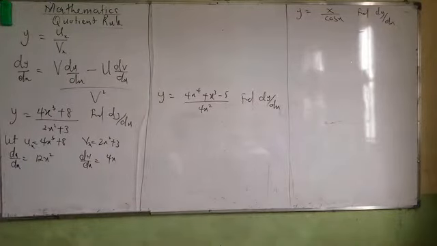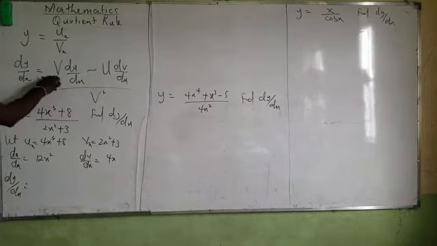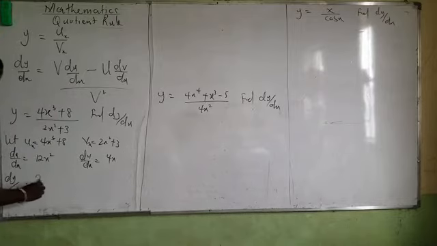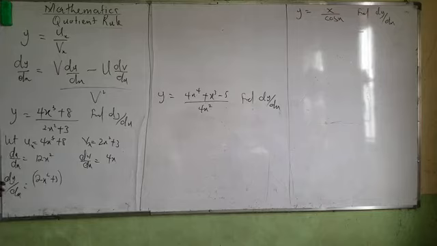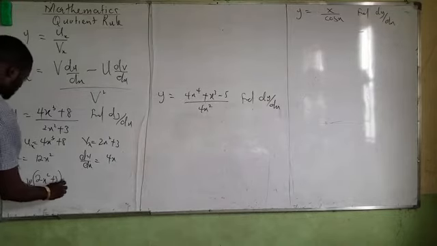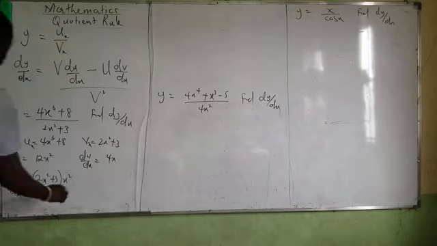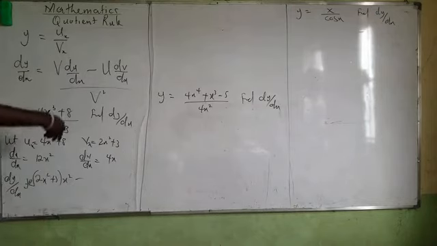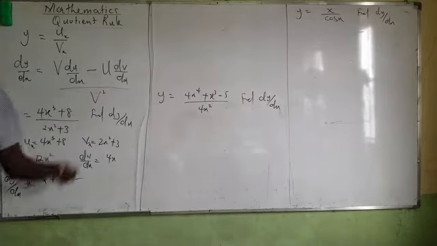Now, since I have this, I can now say that dy/dx will be equal to, what is my v? My v is 2x squared plus 3, and my du/dx is 12x squared. I can put my 12 here. And minus, what is my u?